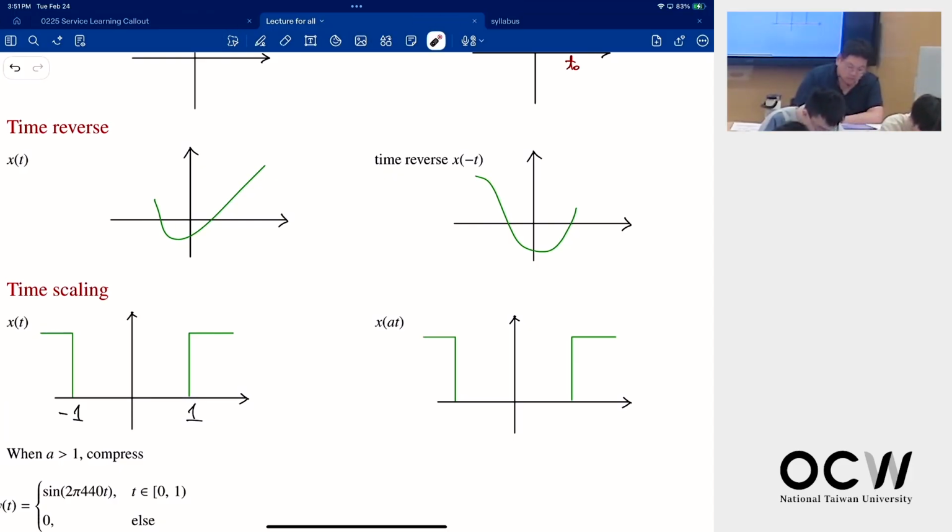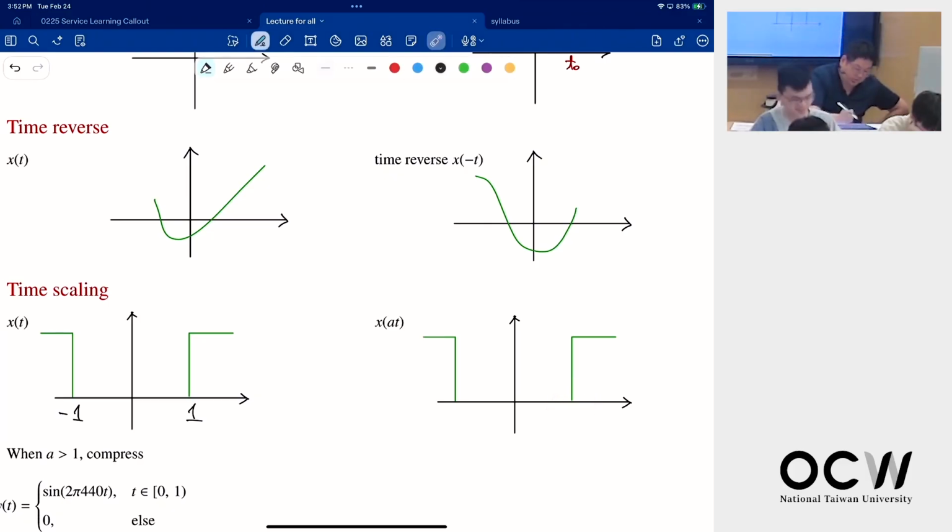Now it becomes at. So it's either compressed or widened. So here, I only need to change the value here. Can anyone tell what the value is? 1 over a, correct.